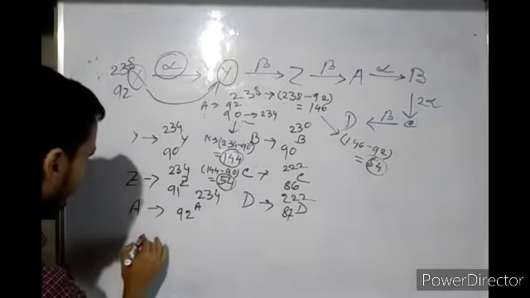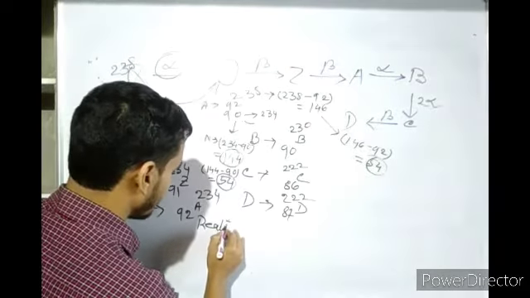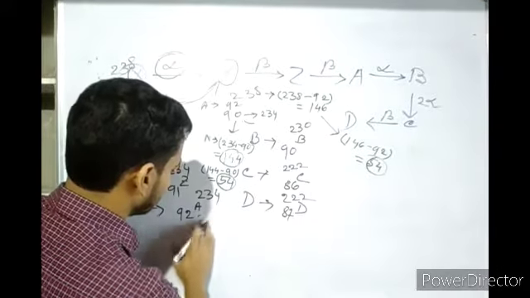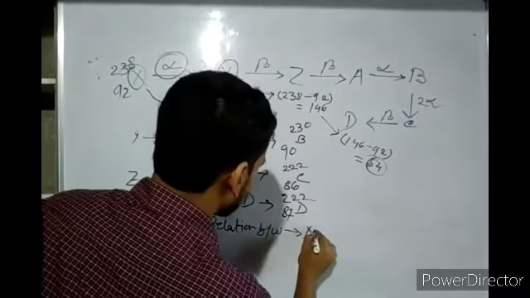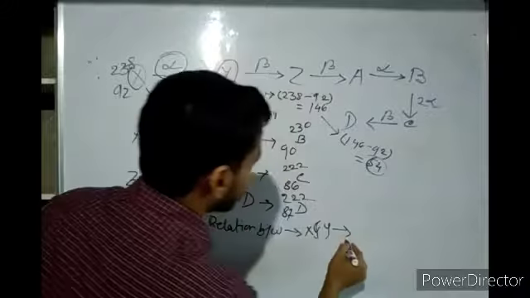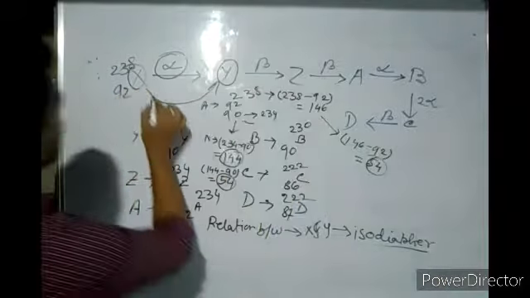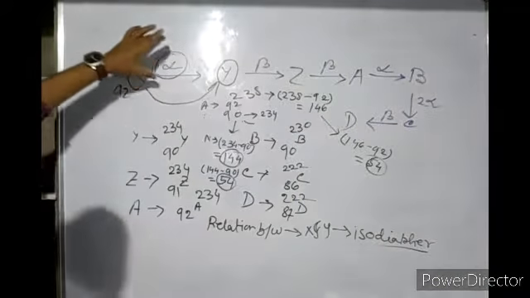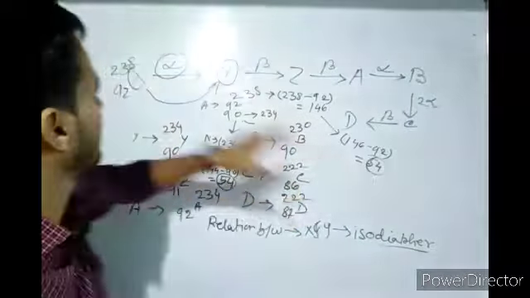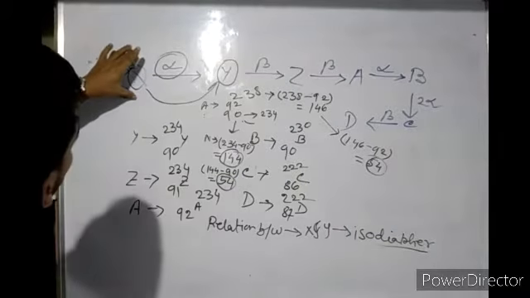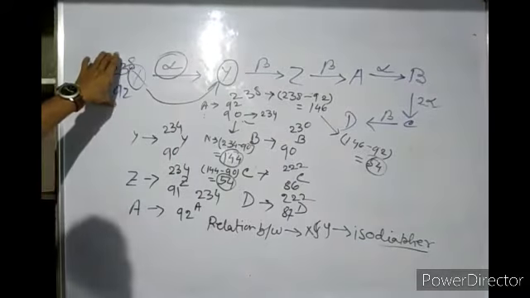So the relation between X and Y is isodiapher, because here the difference of neutron number and proton number becomes the same.